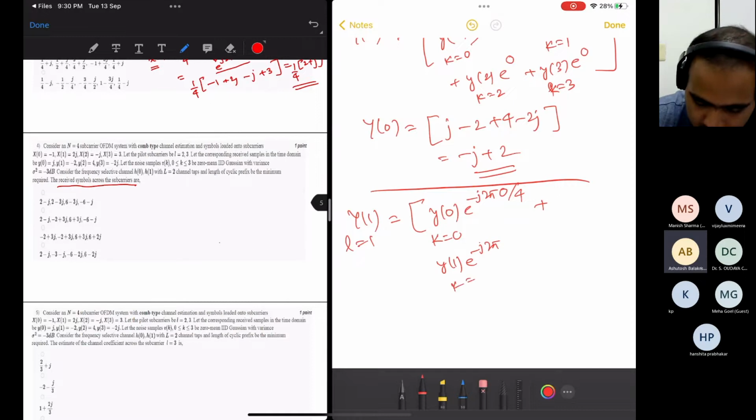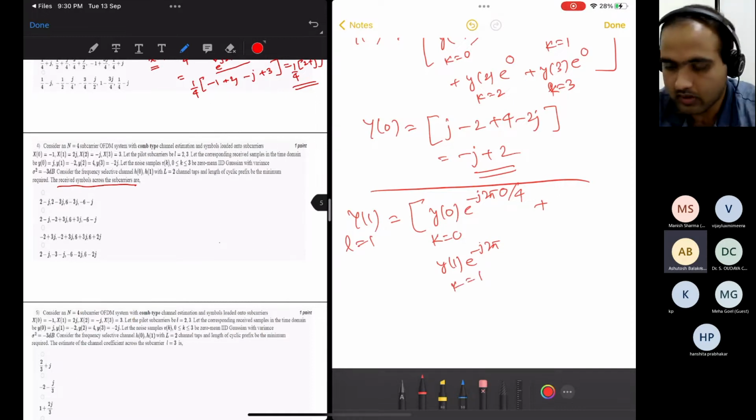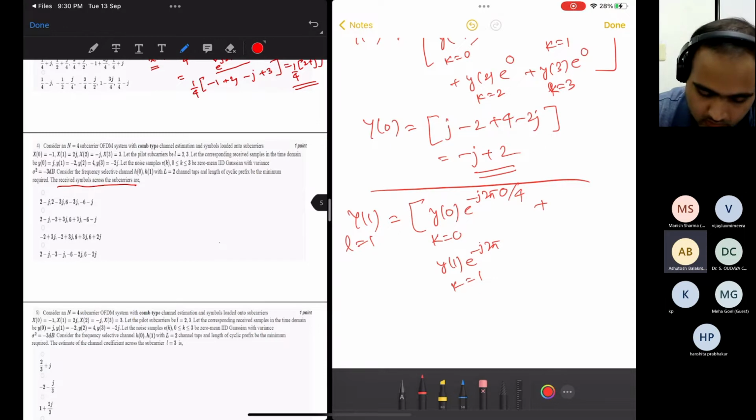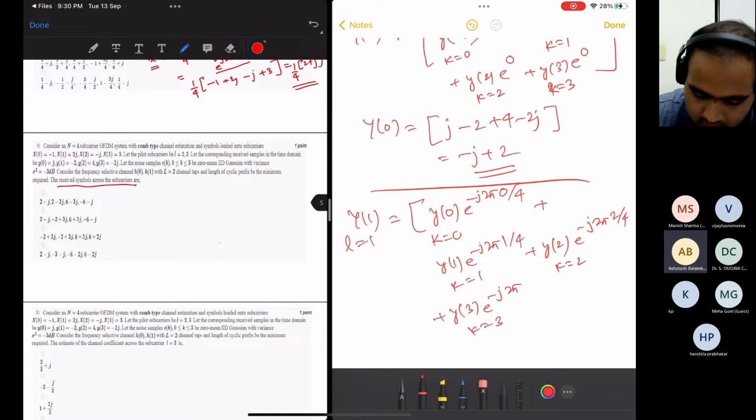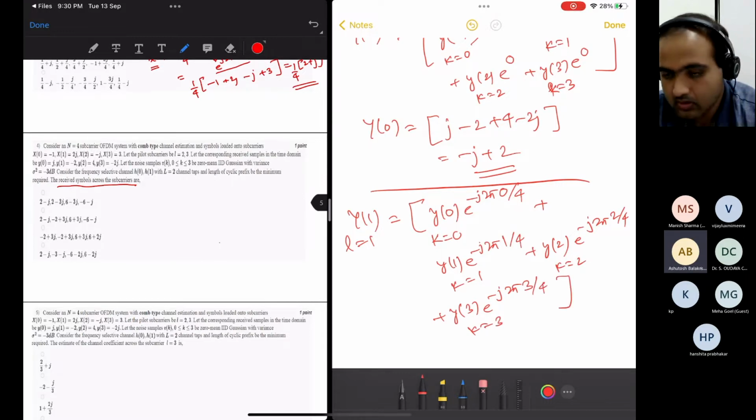Now k is 1 for the second term, so k times L is 1 by 4, plus y of 2 e to the power minus j 2 pi. Now k is 2 and k times L is 2 by 4, plus y of 3 e to the power minus j 2 pi, k is 3 and k times L is 3 by 4.